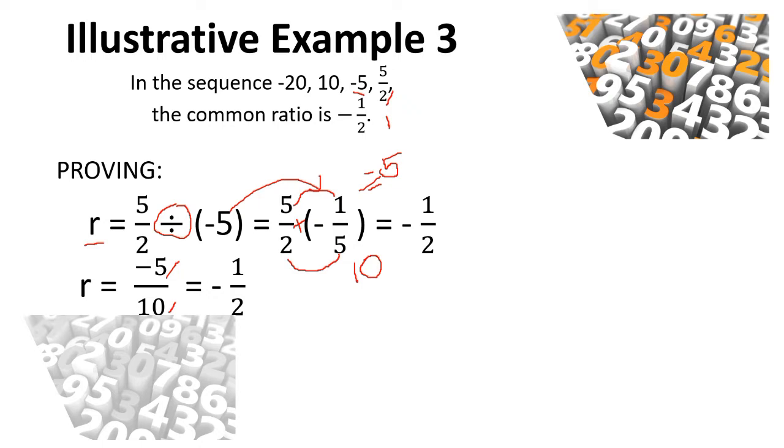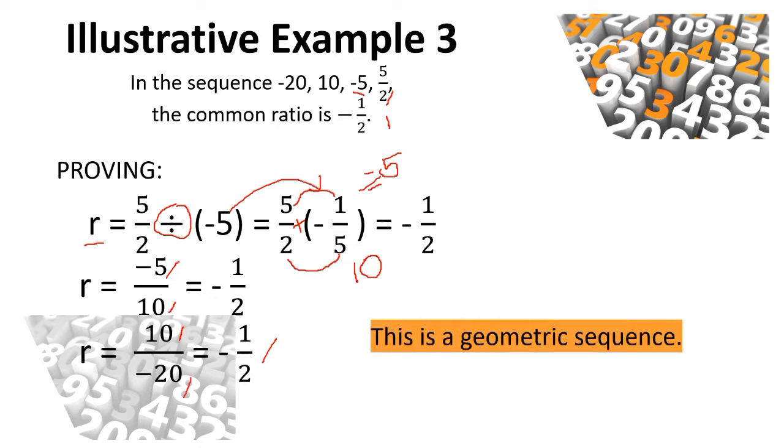So, simplify lang po, kinuha lang po ang lowest term ng negative 5 over 10, which is also negative 1/2. Tapos, yung isa naman po, yung first at second term, so second term po natin is 10, ang first term po is negative 20, and that is also equals to negative 1/2. So, with that, ang common ratio po natin is negative 1/2. So, this is a geometric sequence.